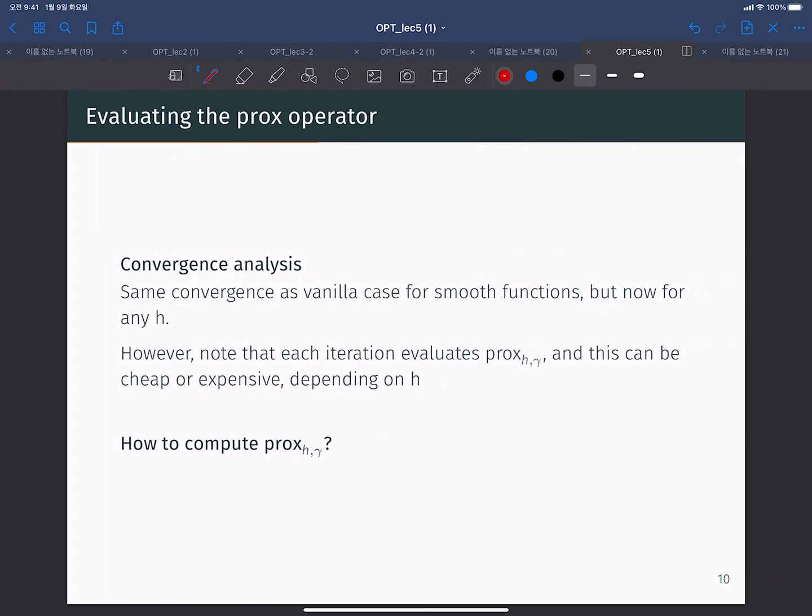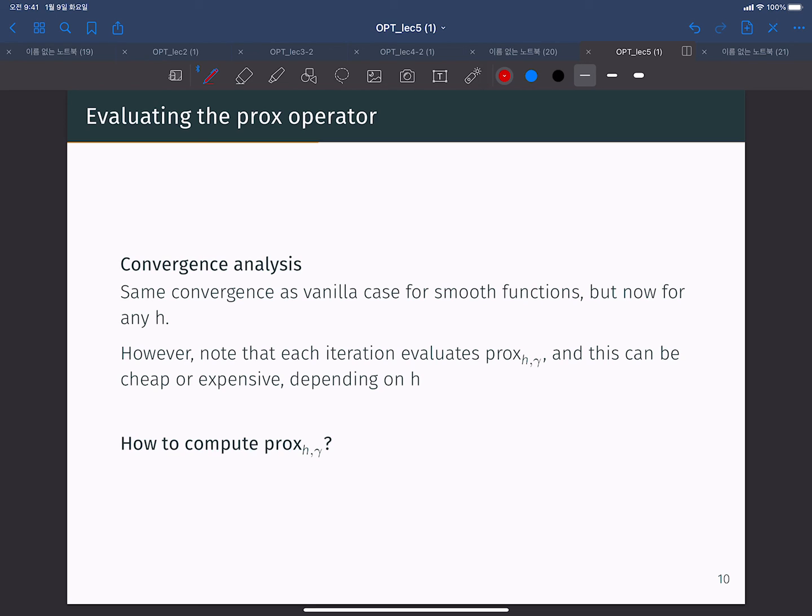So with this proximal gradient descent concept, the good thing is we can guarantee convergence speed. As I told you before, the additional function h can be non-differentiable, and if the h function is non-differentiable, then it is non-smooth. Your gradient does not change continuously, so this is a non-smooth, non-differentiable function.